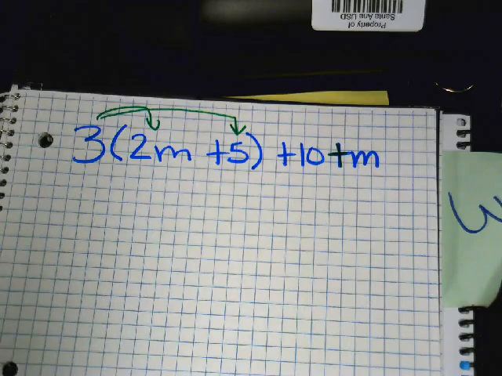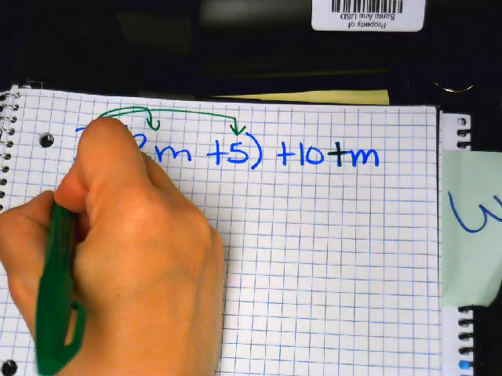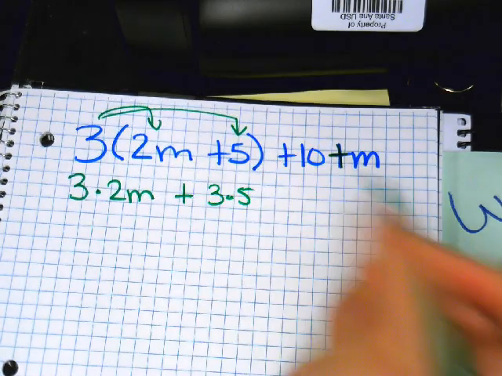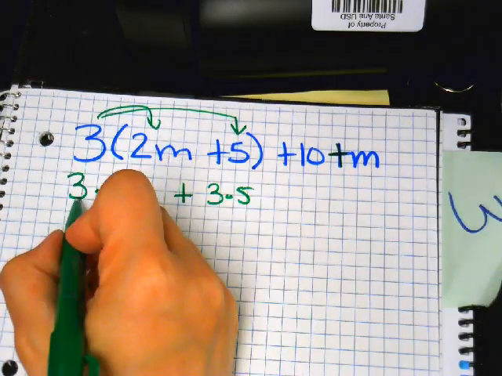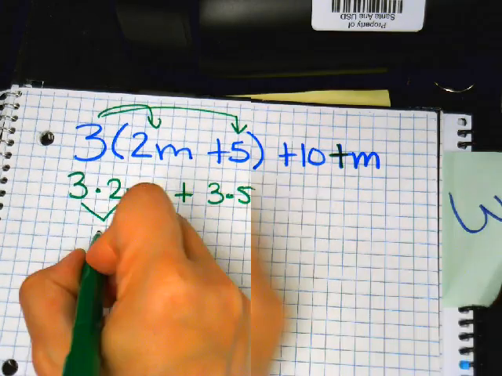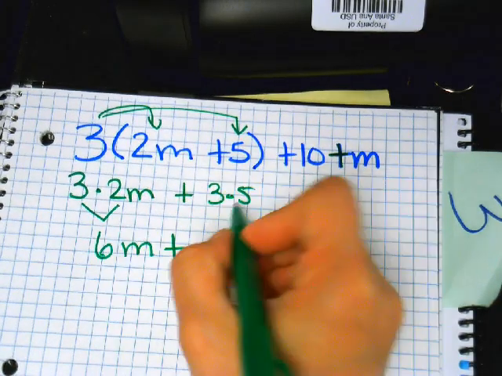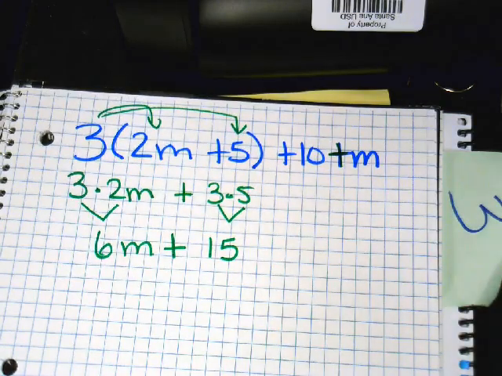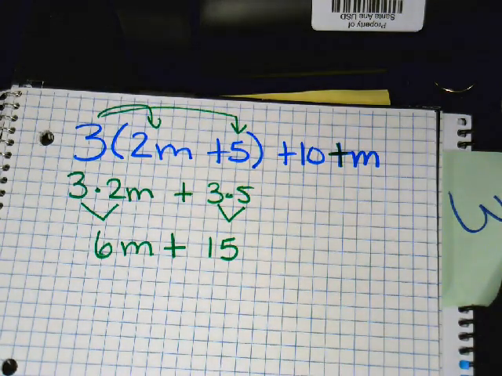Okay, so what do we get when we distribute? It's 3 times 2m plus 3 times 5. So we multiply everything. What's 3 times 2m? 6m plus, what's 3 times 5? 15. Okay. What are similar? What's alike?